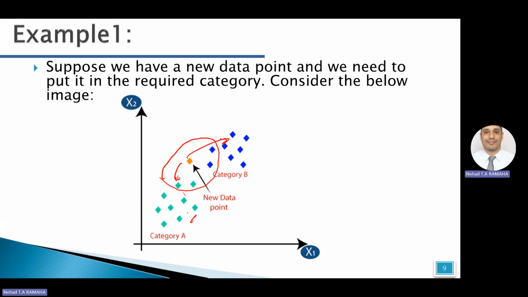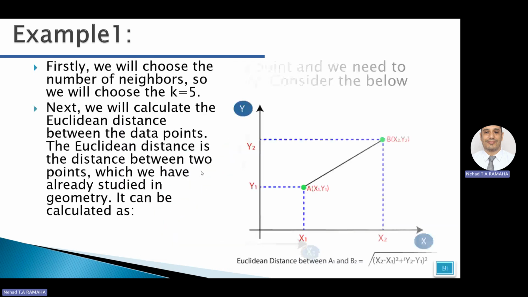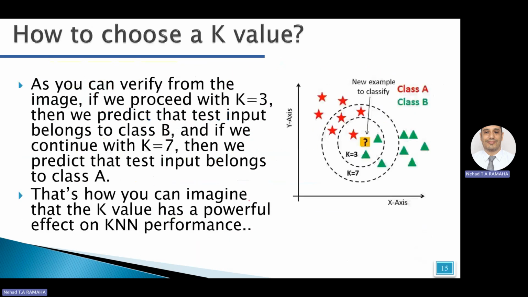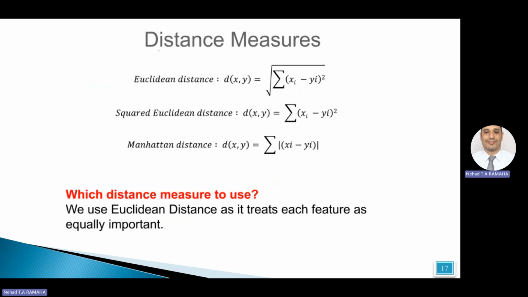To check the result, we need to check the distance first. So how do we calculate the distance? We actually have many ways to calculate the distance, which I wrote here. We will use this one, the Euclidean distance.